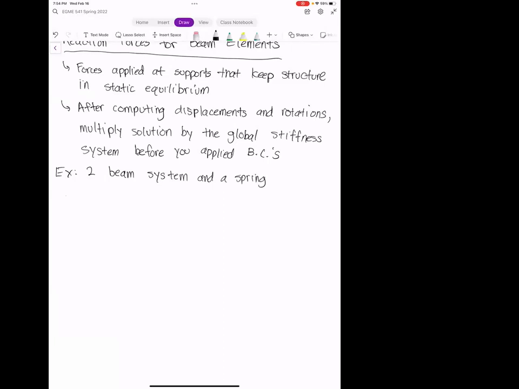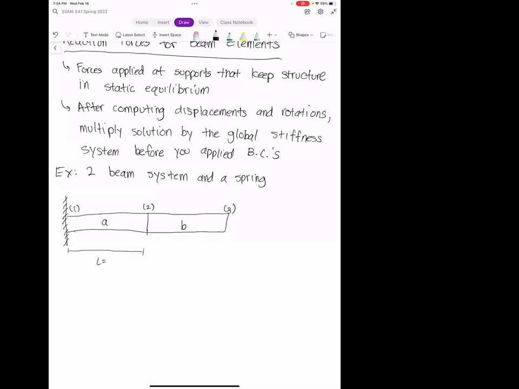And it looks something like this. We have a fixed support, just like our last example. So we have two beam elements that are connected together just like that. So this is element A, element B, so node 1, node 2, node 3.